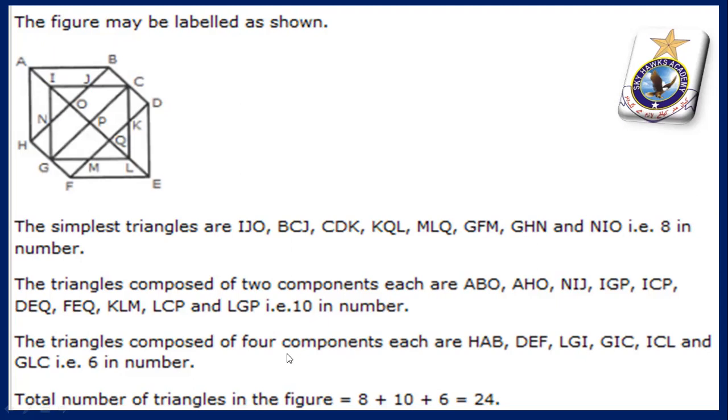Then there is no combination of 3, but we can count 4 components to make a single triangle. These are 6. The total number of triangles is 8 plus 10 plus 6, so here we have 24 triangles.